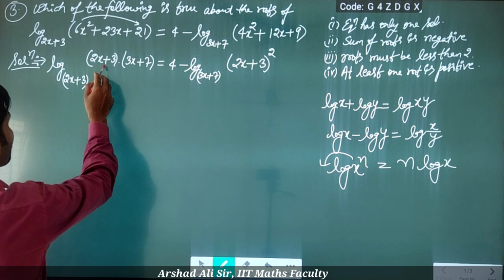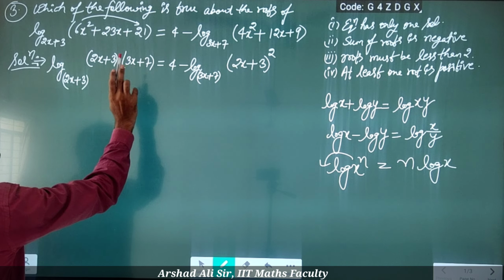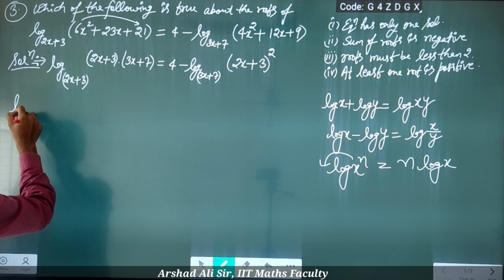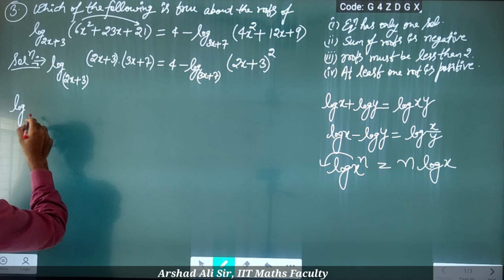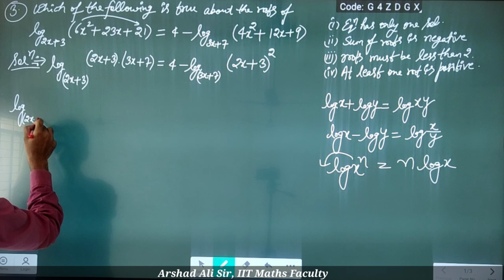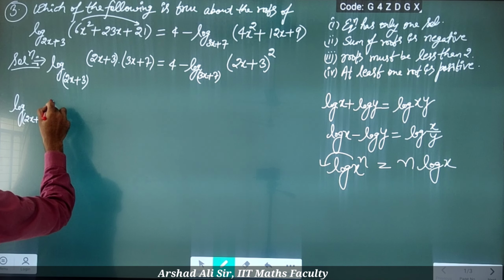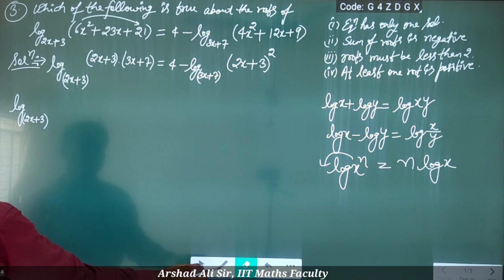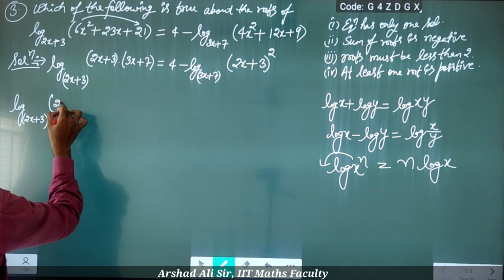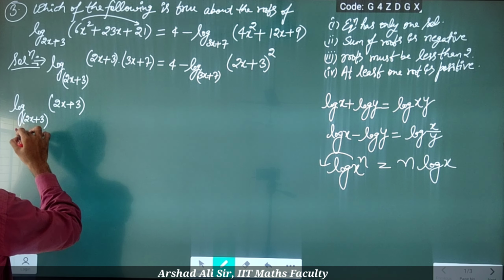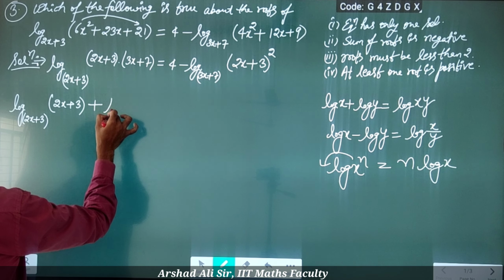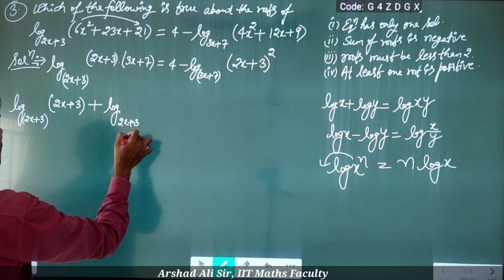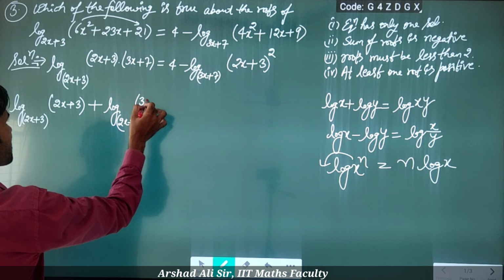Now here suppose 2x plus 3 is x and 3x plus 7 is y. So log of x into y we can write as log x plus log y. So log base (2x plus 3) of (2x plus 3), plus log y, the base should be the same, so the base is 2x plus 3, and what is the value of y? 3x plus 7.